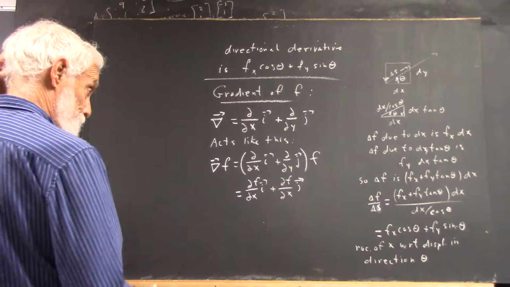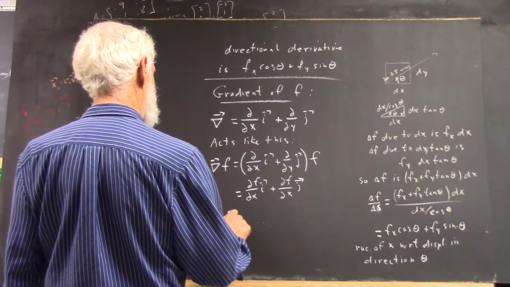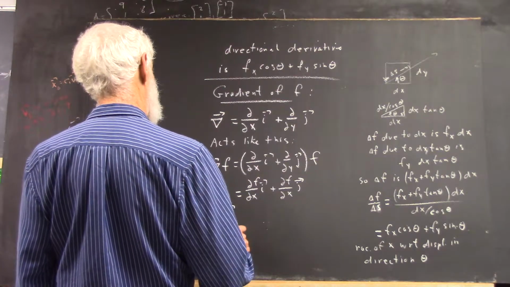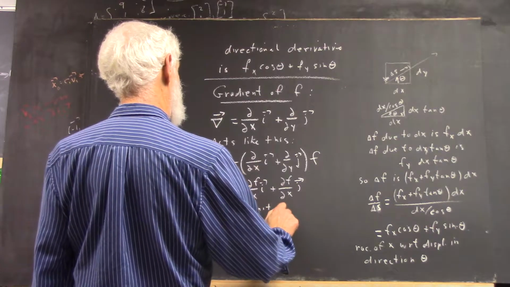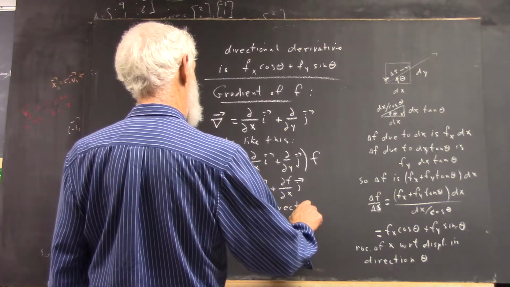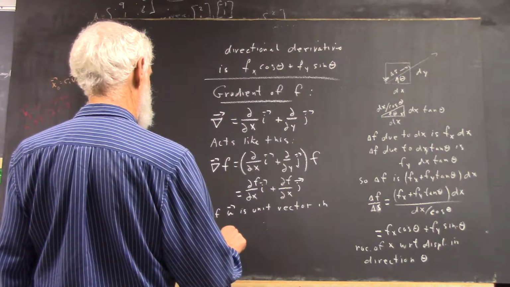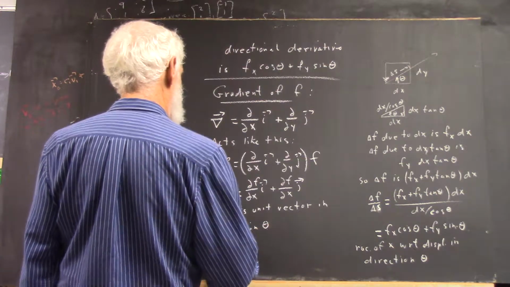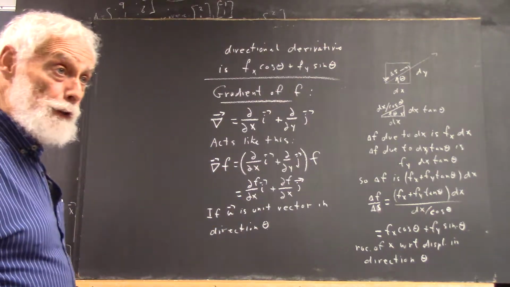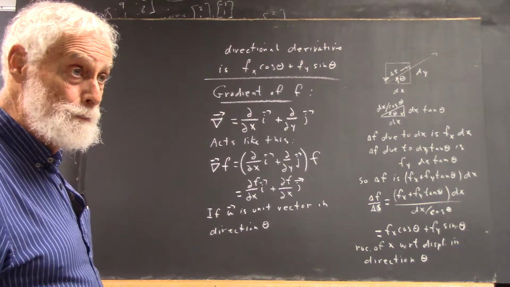Now, if you use a unit vector in the direction theta, then what are the components of u?